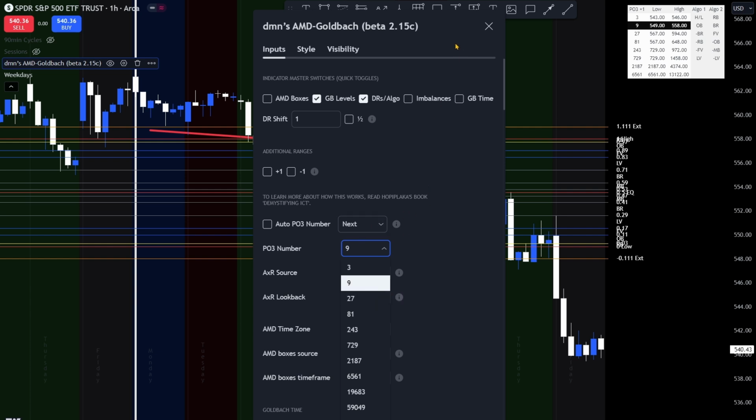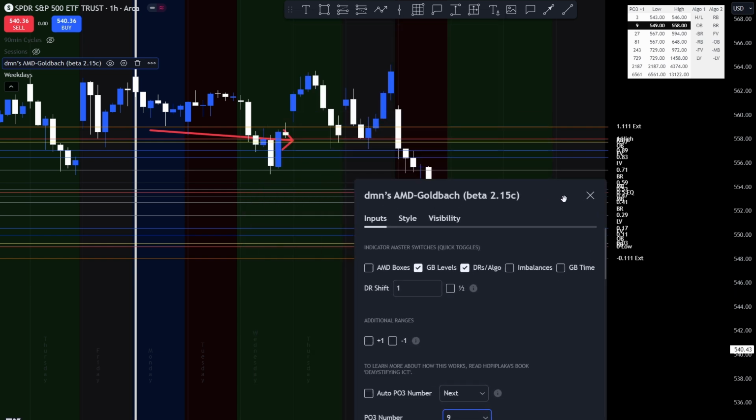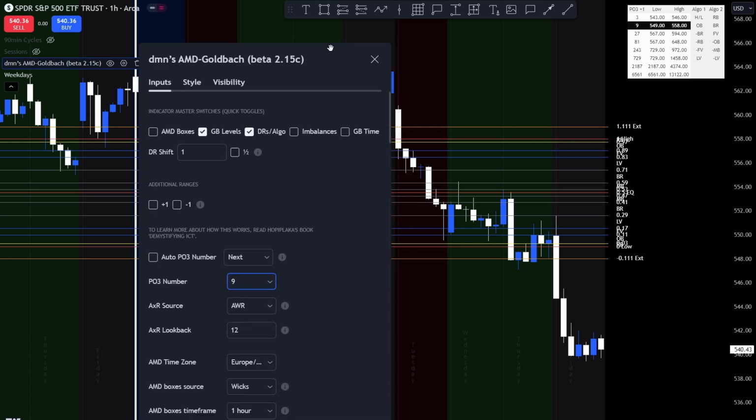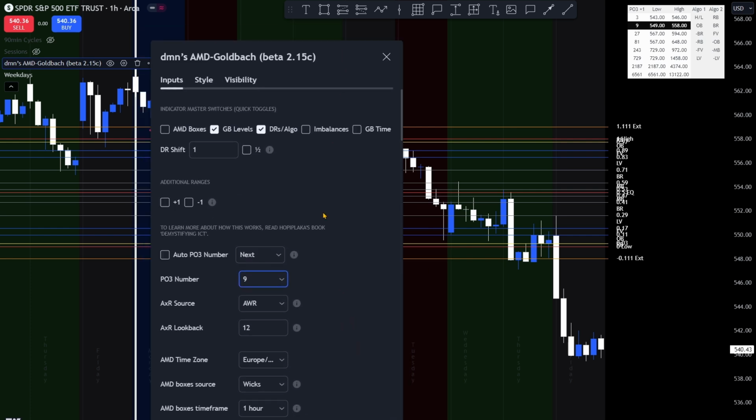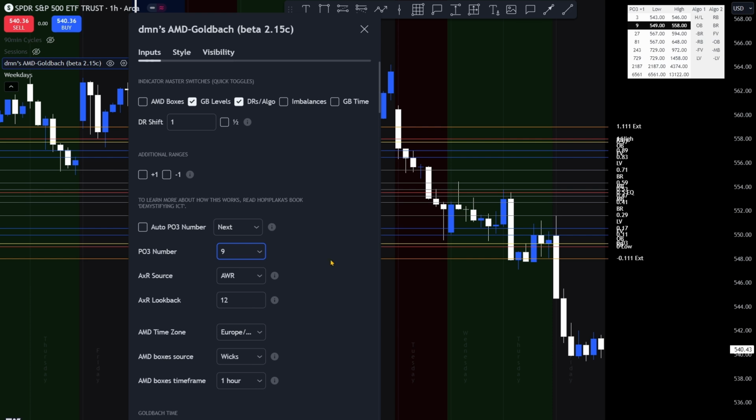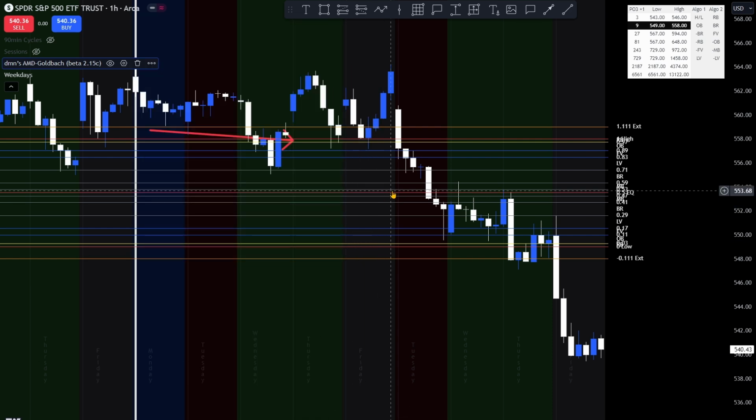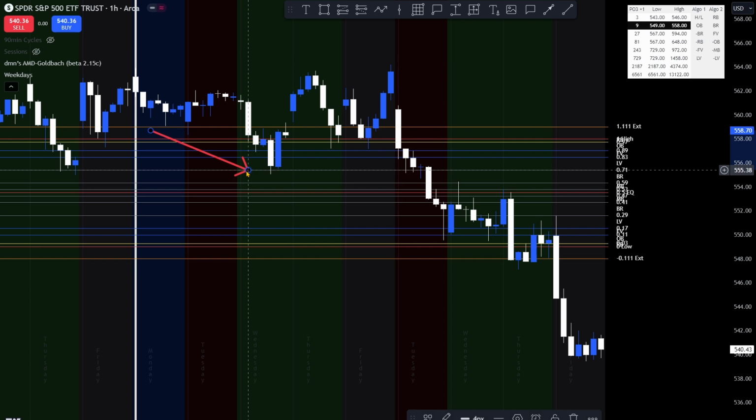So the reason why we're on the 9, I want you to see how we said before, based on the asset, how much time is being taken to go through some of these dealing ranges. As an intraday trader, I can day trade, I can swing, I can position trade, but my interest is really in day trading.